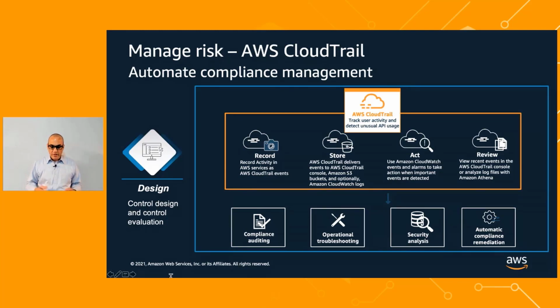CloudTrail, as you probably know, is our audit trail platform that records all the activity that happens on your account. If a user logs into the console, if an API call is made, as you can imagine, this is very important for making sure that you're auditing everything that happens in your account. Not only for security purposes, but also because a lot of the compliance audits require you to have a strategy for that.